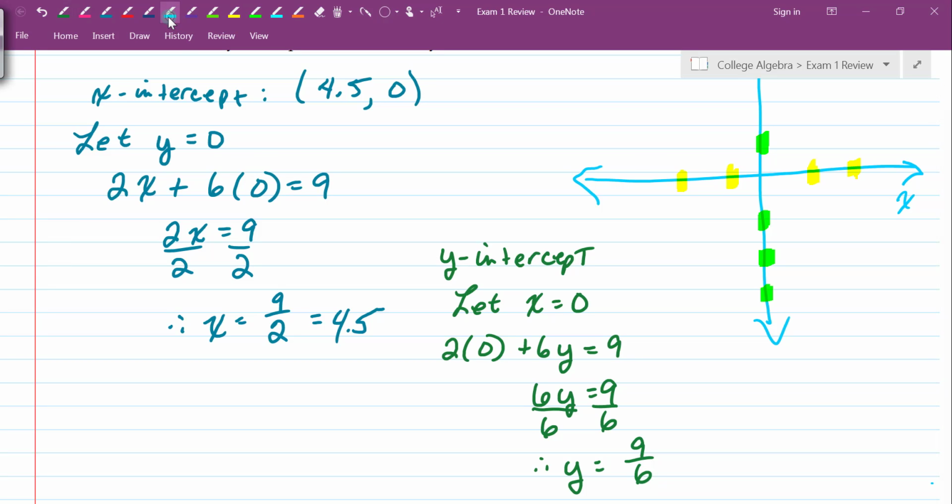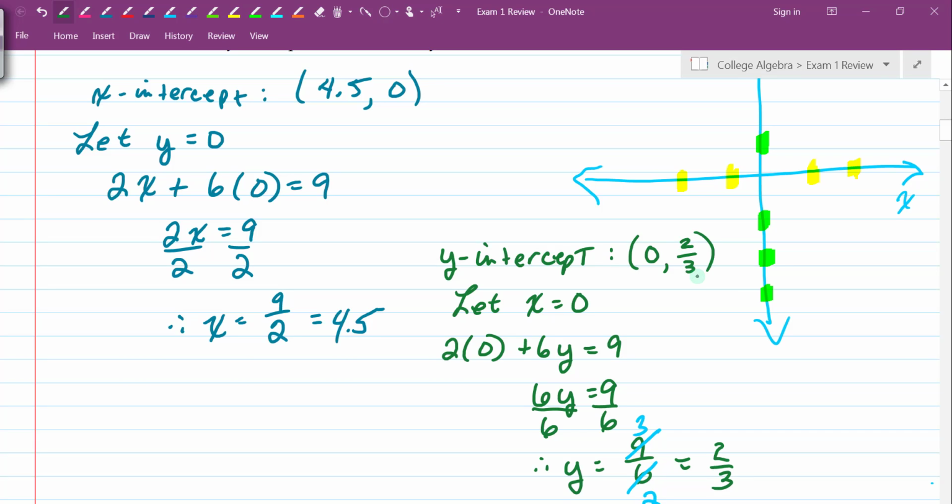Let's identify what factor. 9 is 3 times 3, correct? And then 6 is 2 times 3. So I can remove a 3 from both of those. So I'll have 3 left, and then a 2 right there. So that gives me 2/3. So my y-intercept then is the point 0, 2/3.